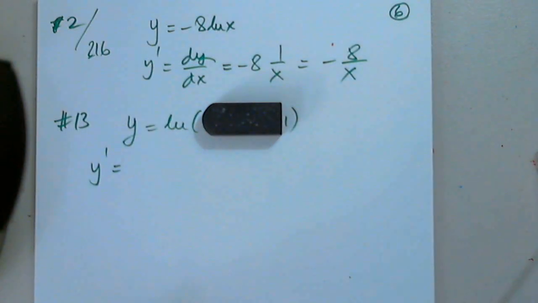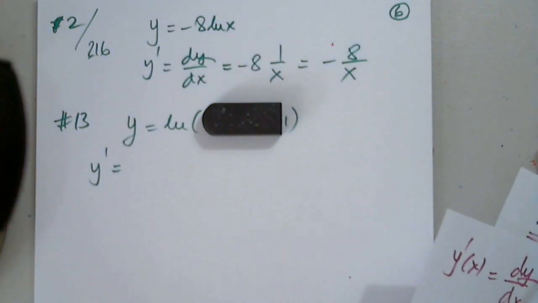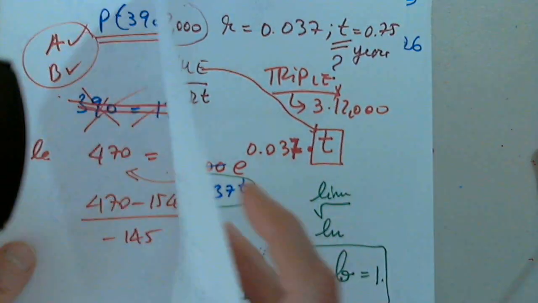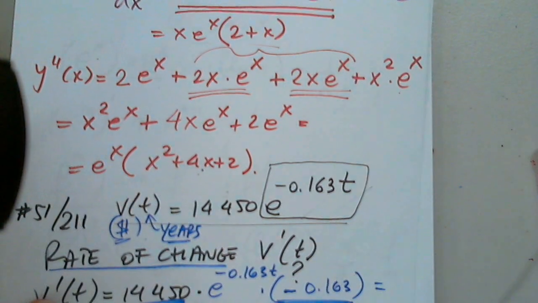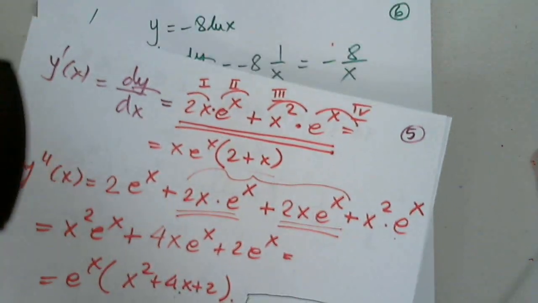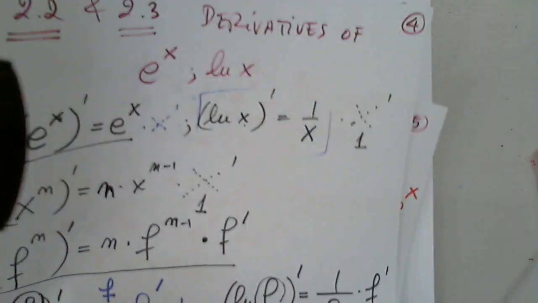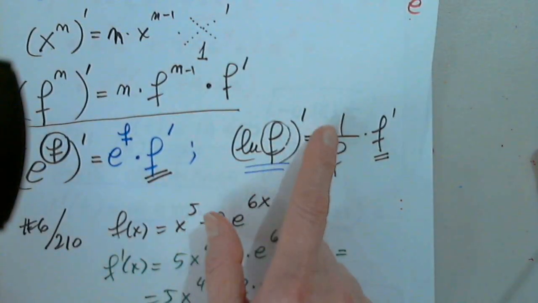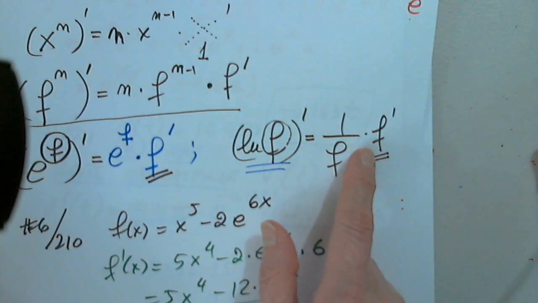Natural log of a function prime. So let's look at the formula. See, I never have them in the correct order here. Natural log of a function prime is 1 over the function times the function prime.